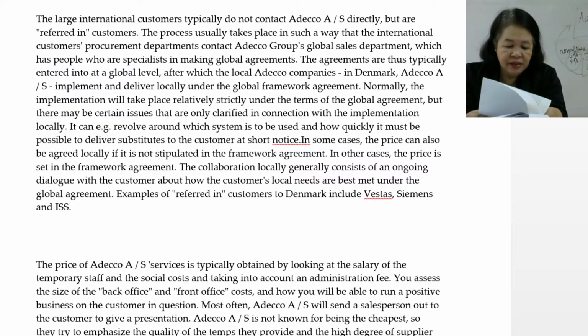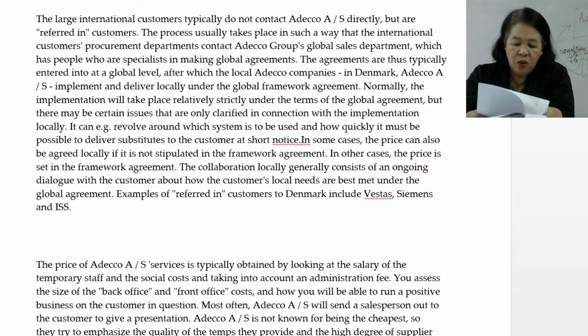In other cases, the price is set in the framework agreement. The collaboration locally generally consists of an ongoing dialogue with the customer about how the customer's local needs are best met under the global agreement. Examples of referred-in customers to Denmark include Vista, Siemens, and ISS.